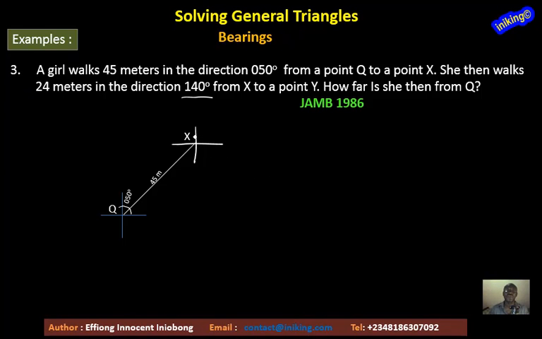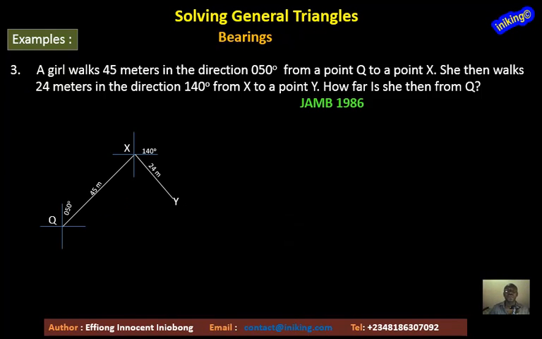So that's 140 degrees. Let's draw this out neatly, please. She goes 140 degrees from X, and the 140 includes this 90 and a further 50. Of course, that means this will be 40. Yes, you will agree. Because if this is 50, then this will be 40 to make up 90.